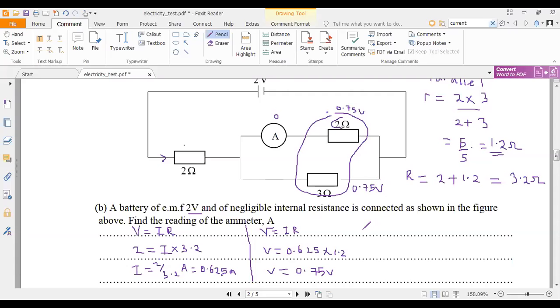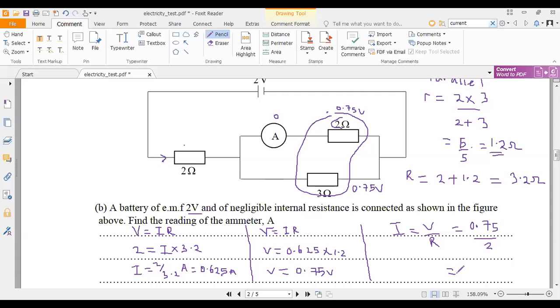Even the potential difference through this 3 ohms resistor is 0.75 volts. So if we calculate the current through the 2 ohms resistor, which is the ammeter reading A, since we already have V and R, that current I will be given by V divided by R. Through the 2 ohms resistor, V is 0.75 and its resistance is 2 ohms.